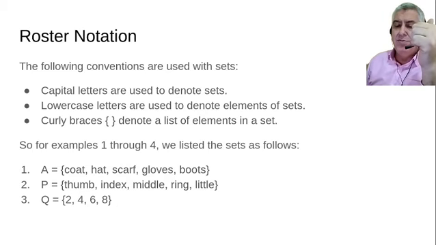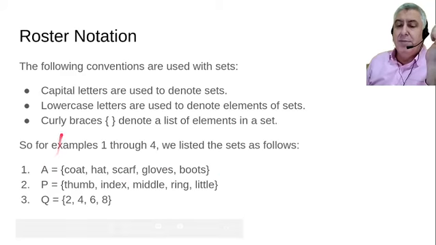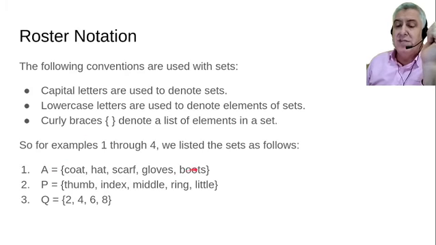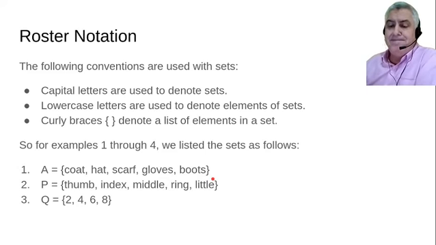When we talked about that set of clothes, we used a capital A. But if we want to talk about an element of the set, one of the things that's in there, like a coat or a hat or a scarf or the gloves or the boots, we're going to use a small letter, a lowercase a, and we're going to use curly braces on the outsides here to close off that list of elements.